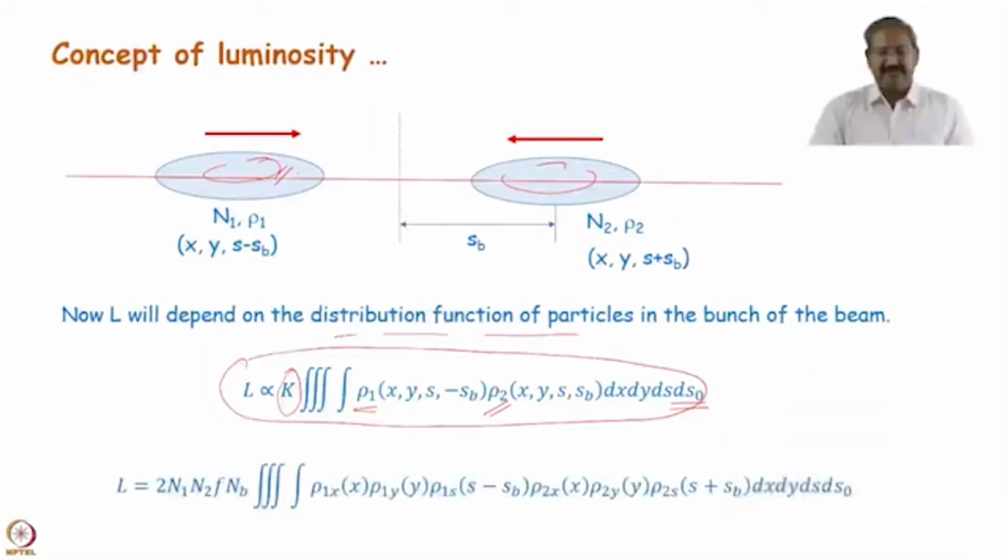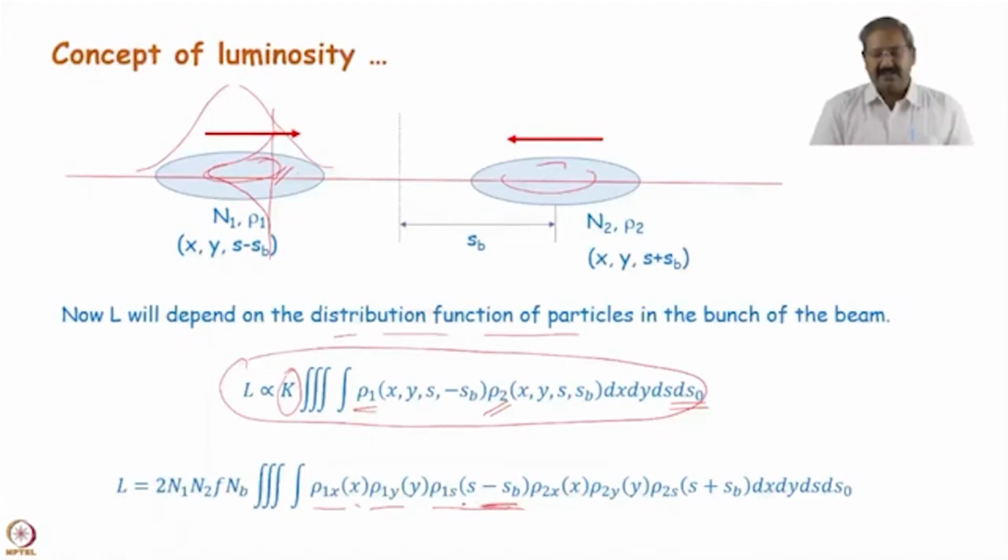So when we solve this, we will get rho 1x as a function of x, because there may be a distribution function of the density in this bunch. There may be a distribution function in the perpendicular direction also. So this is rho 1y, and along s also there may be a distribution function. So that is rho 1s, with s minus sv because it is moving along the s-axis.